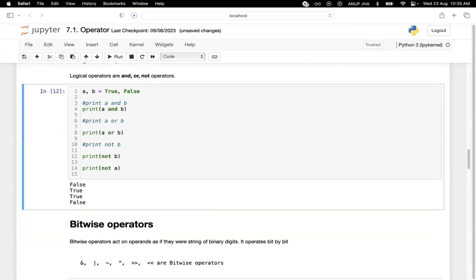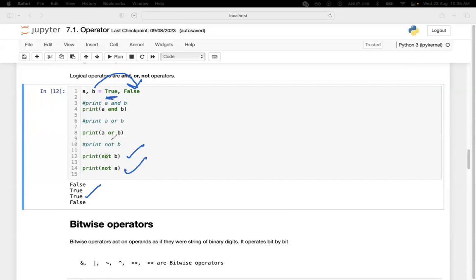Not B. What is the value of B? B is false. So what is the opposite of false? True. So I'm getting true. Not A. The value of A is true. What is the opposite of true? False. So I'm getting false.